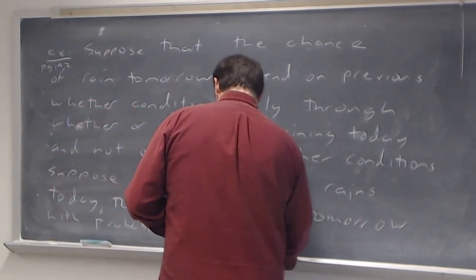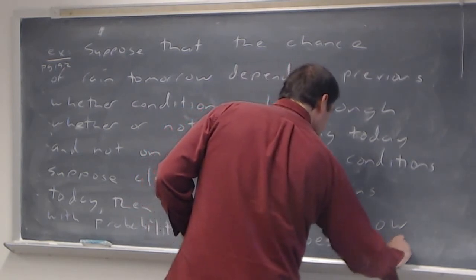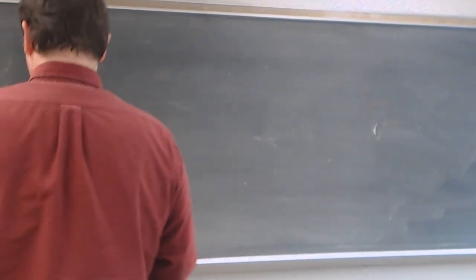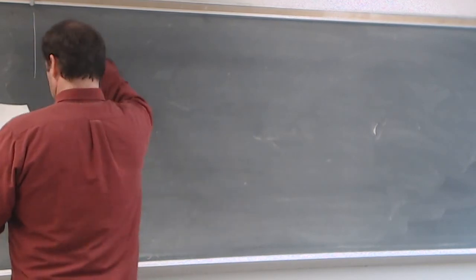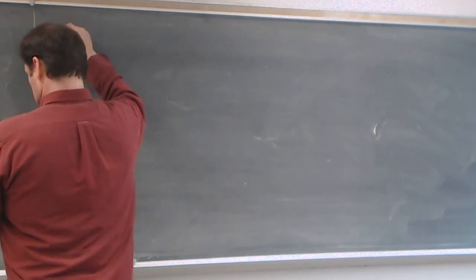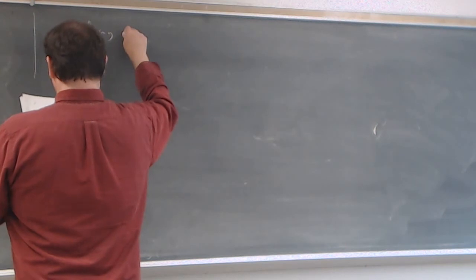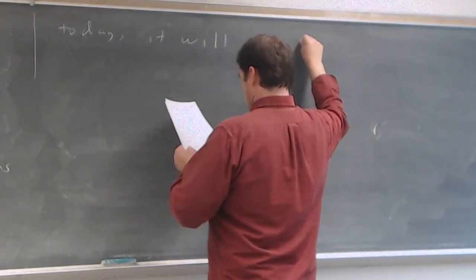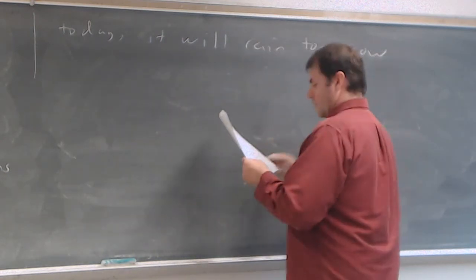If it does not rain today, it will rain tomorrow with probability beta.